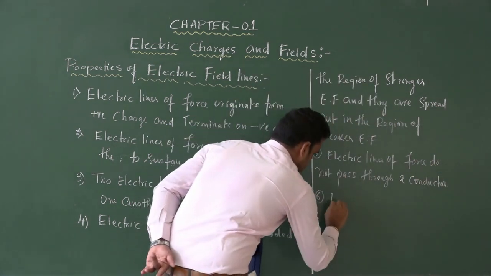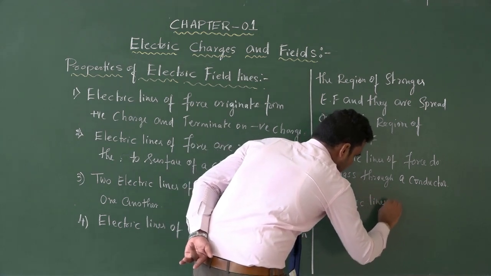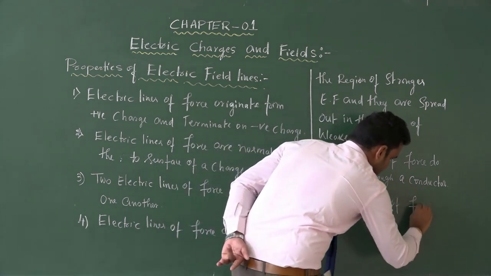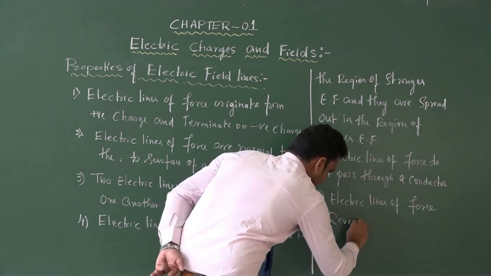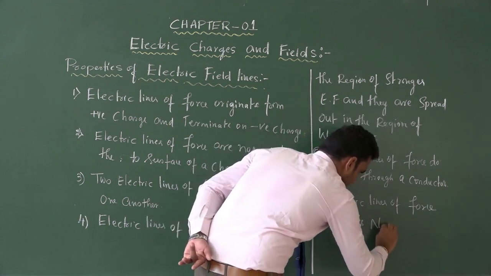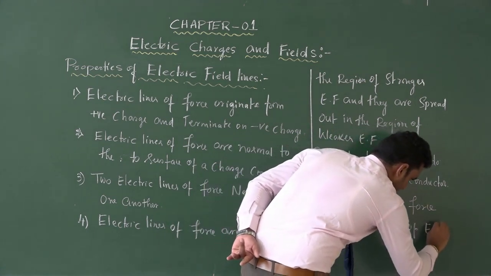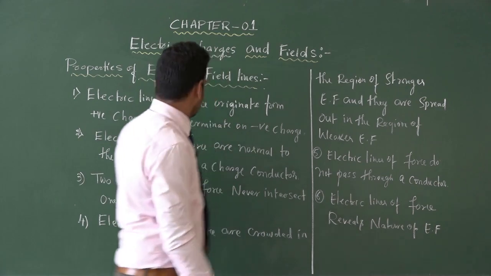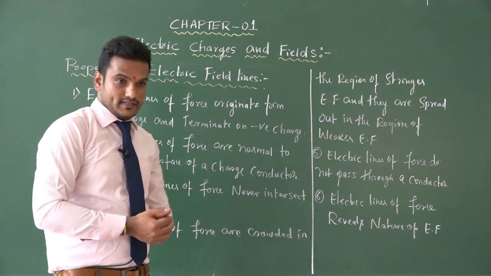Sixth one, electric lines of force reveal the nature of electric field. So these are the properties of electric lines of force or electric field lines.